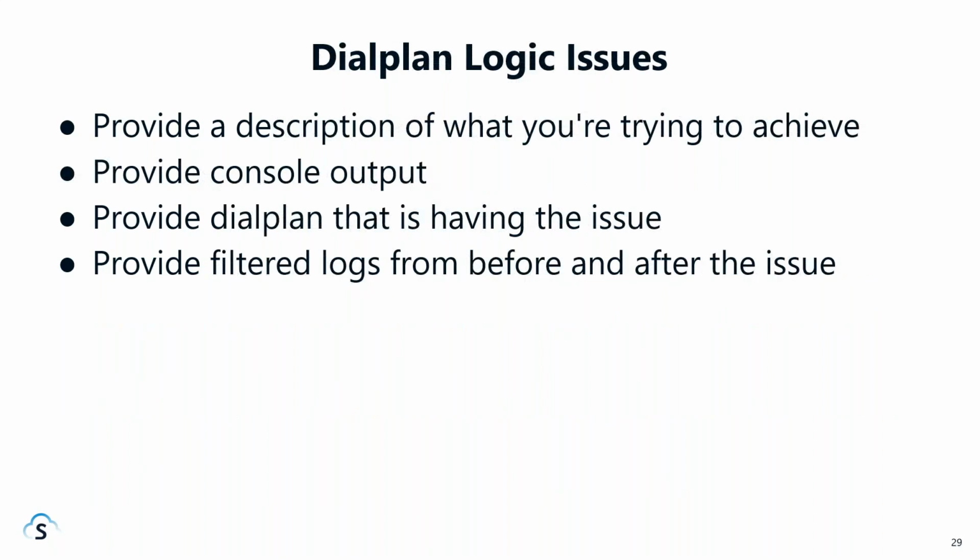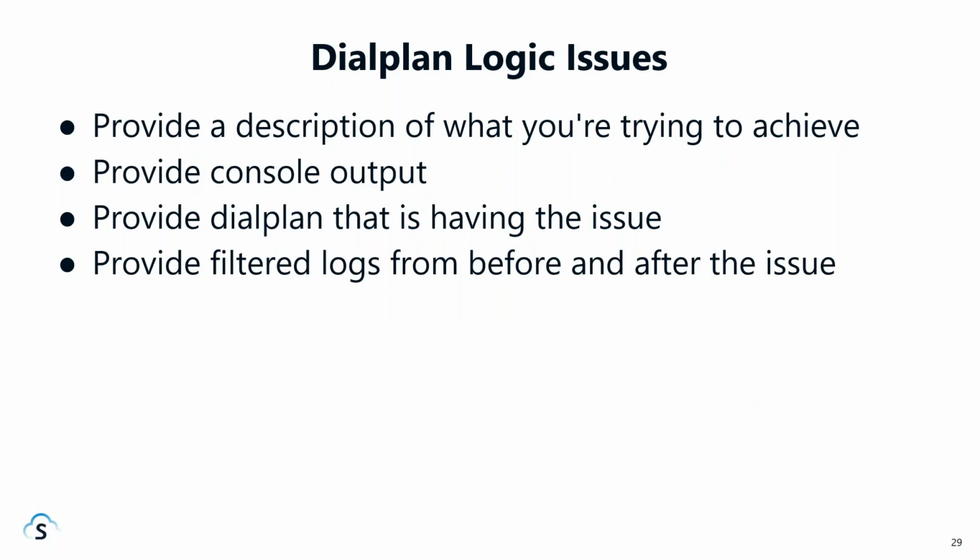Another common thing is dialplan logic issues. And like I said before, provide a description of what you're trying to achieve. When it comes to dialplan, this is something that people also don't seem to do that often, is just say what they're trying to do. Instead, it becomes, here's a dialplan, this isn't working.